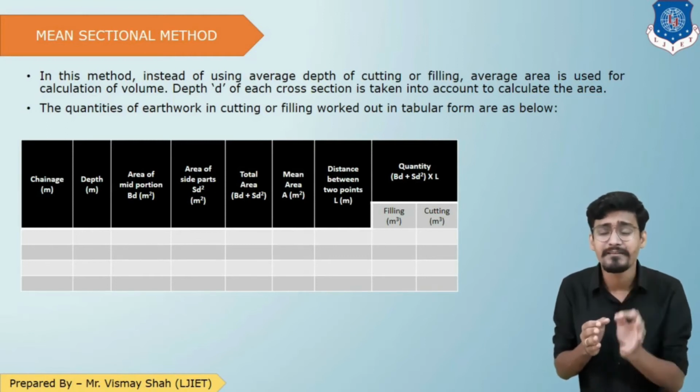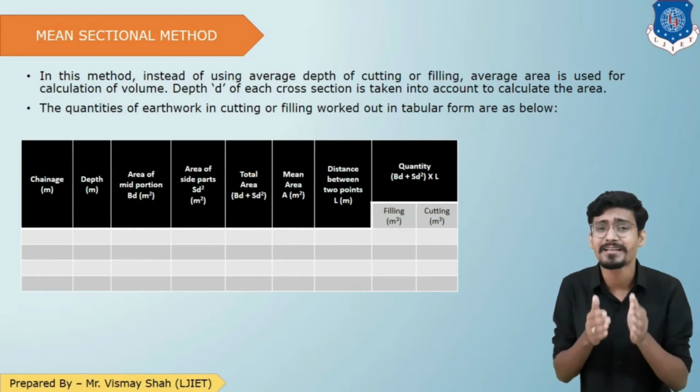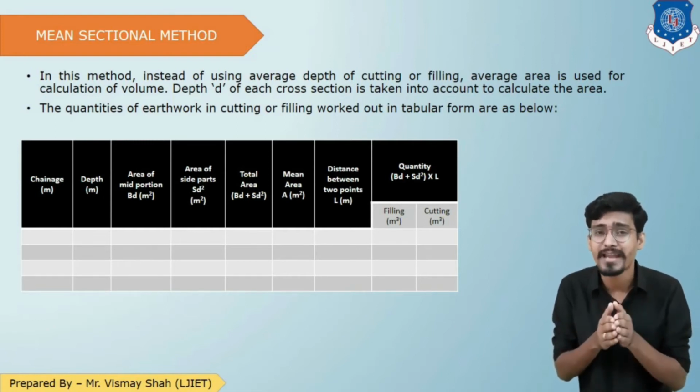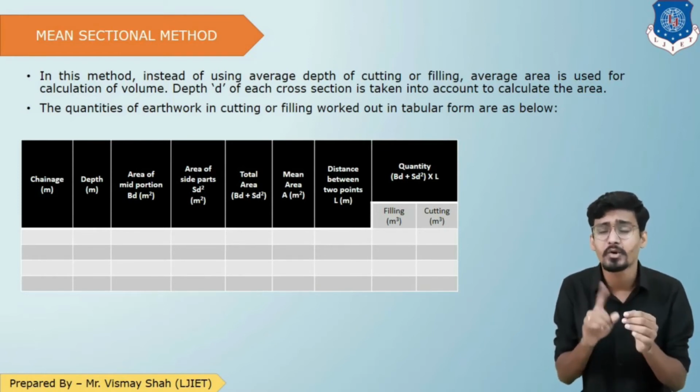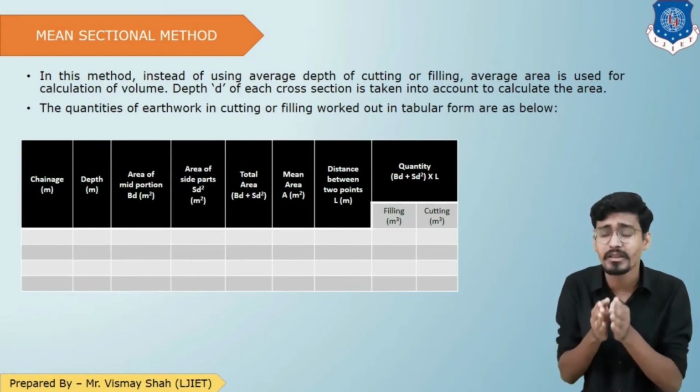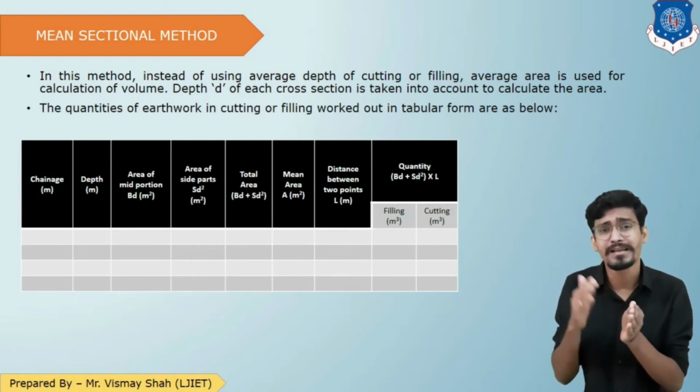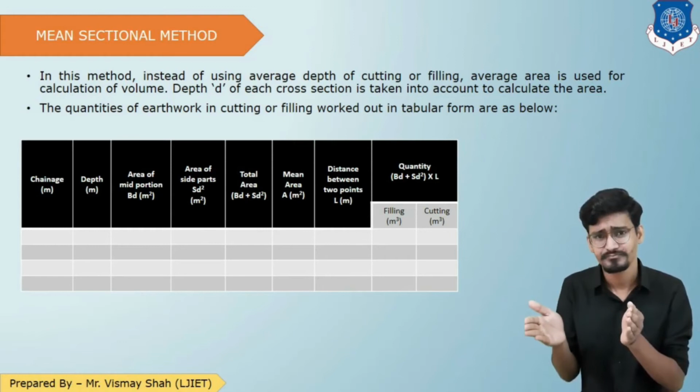Students, let me revise. In the mid-sectional method, after finding the depth, how will you find the depth? Ground level minus formation level. After finding the depth, you take the average depth, and on the basis of the average depth, you calculate the area.